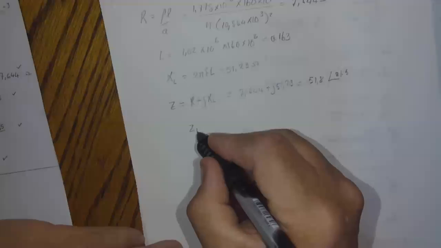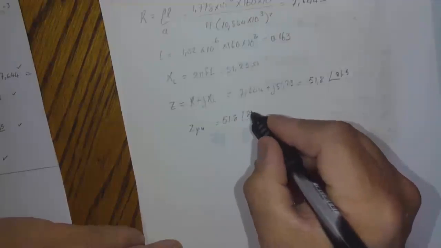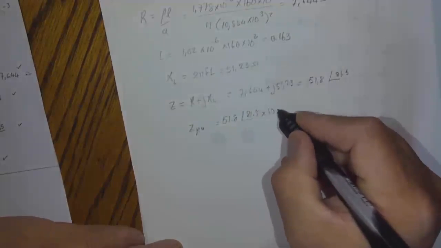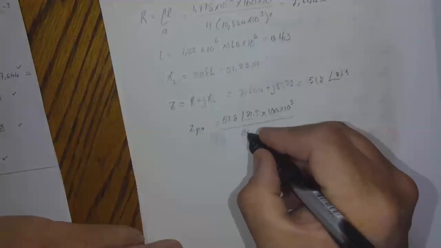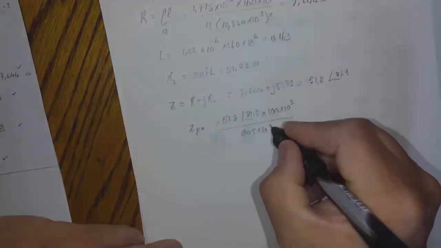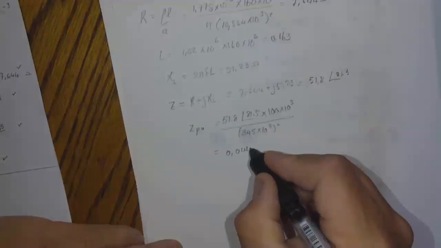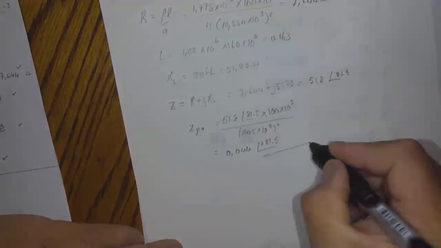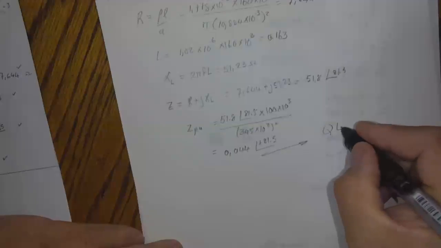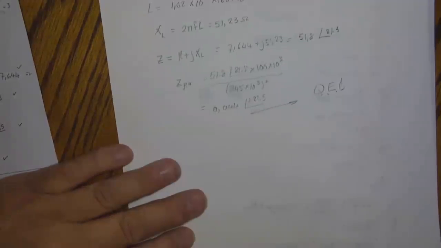And Z per unit is 51.8 angle 81.5 times kVA 100 times 10 to the power of 3 divided by the voltage squared, 345. And that was 0.044 angle 81.5. You know what that means? Quod erat demonstratum. Or like you say, quite easily done.